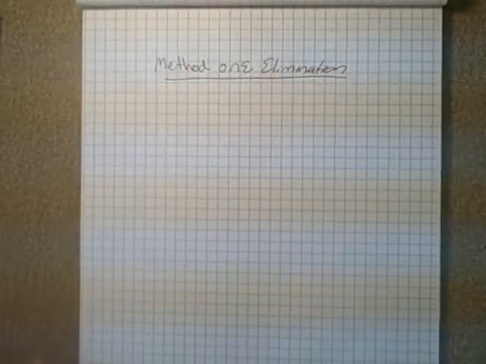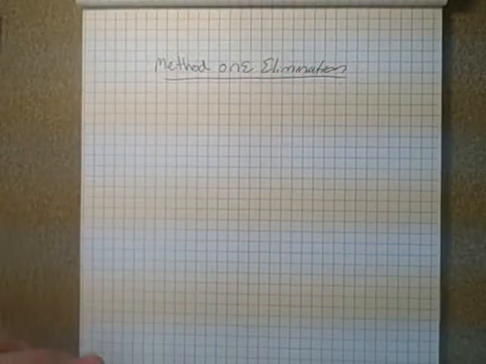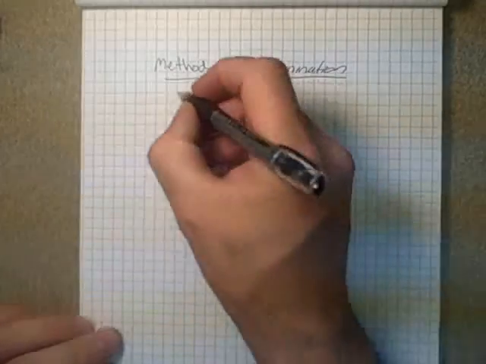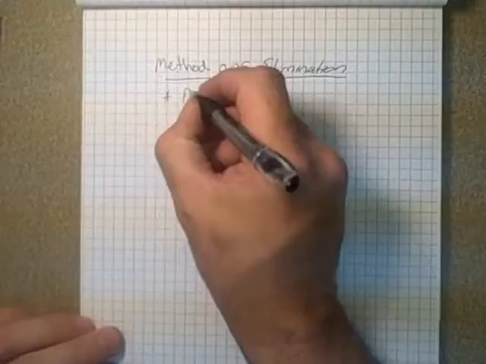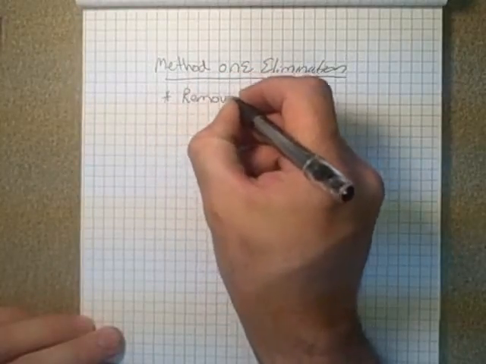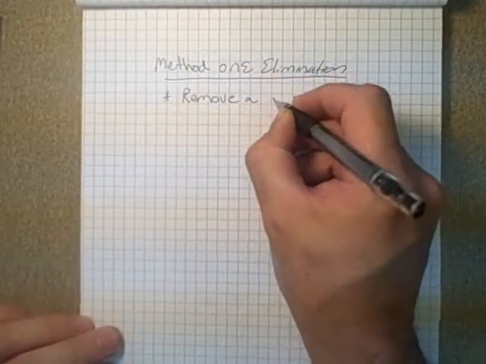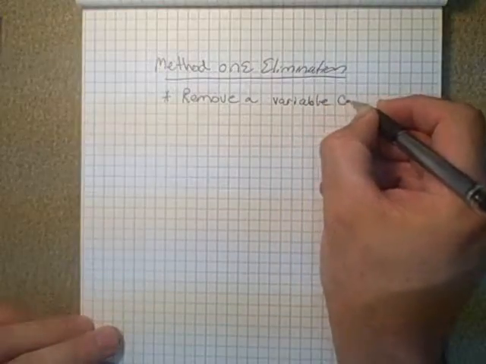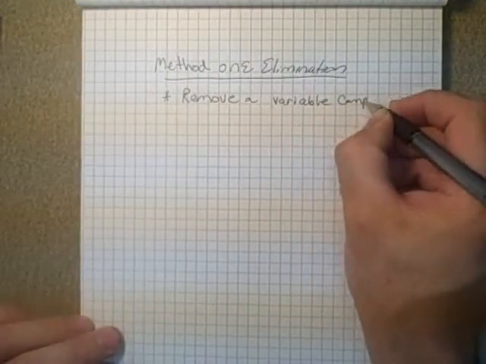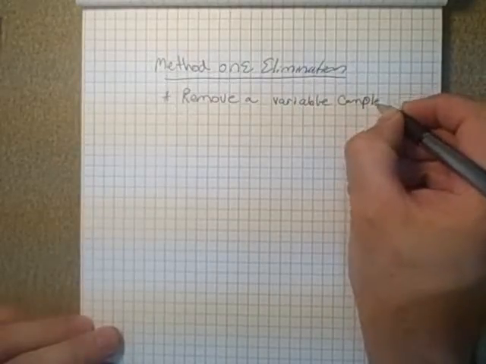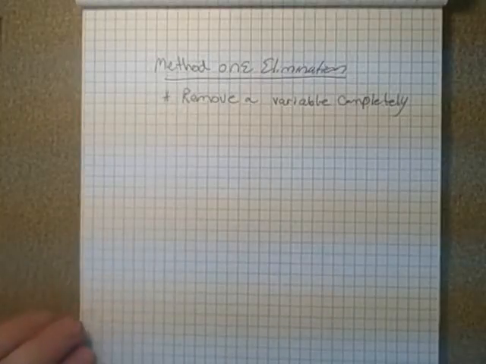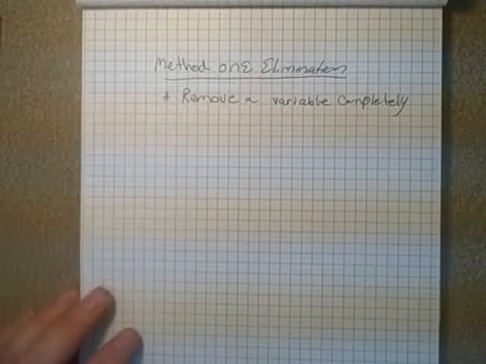And what you want to accomplish in the elimination method is to remove one of the variables completely. Okay, so you want to eliminate, like if you're doing the x and y, the x or the y.